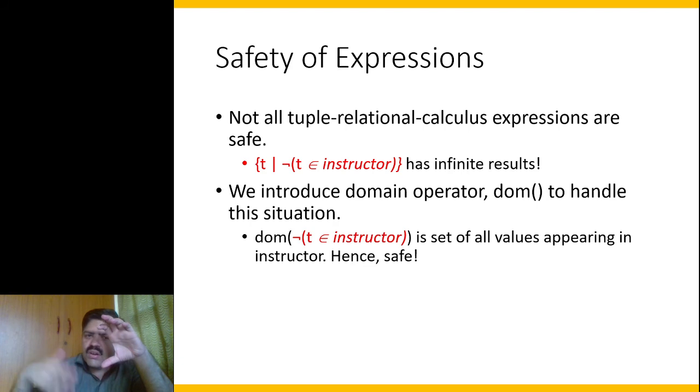So if you want not of all tuples in the instructor, then I take all tuples from the instructor and remove them from the universe of instructor, and I give you an empty relation out. That way, this domain operator makes querying safer.